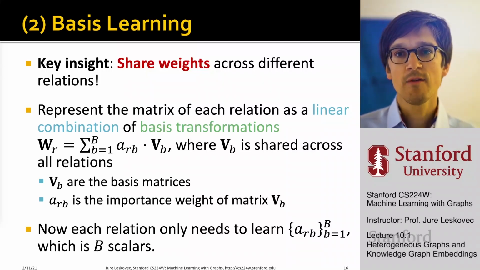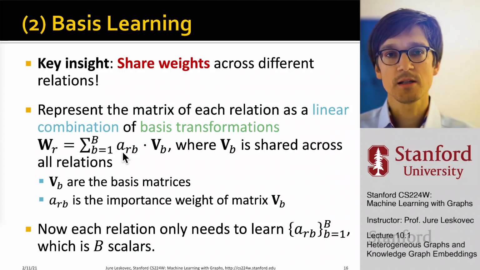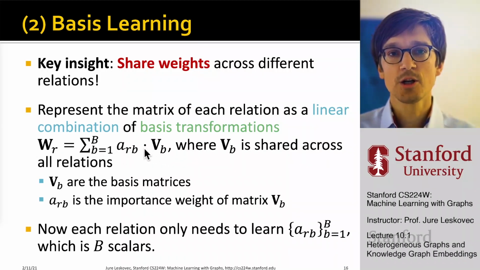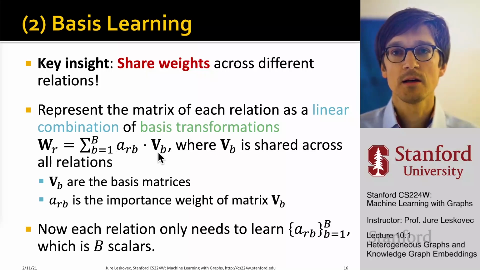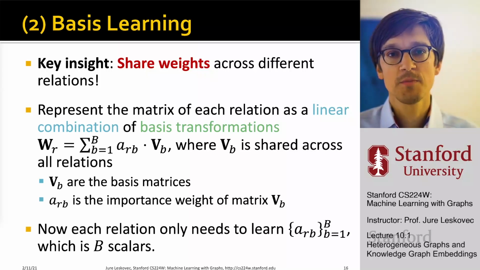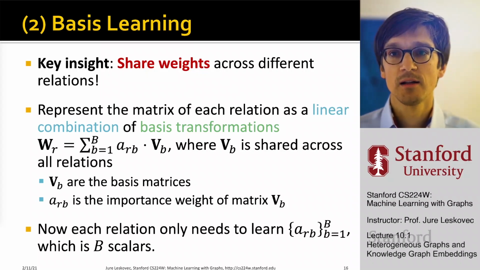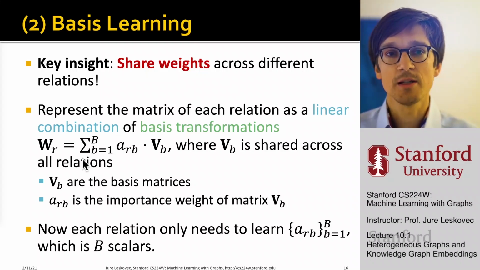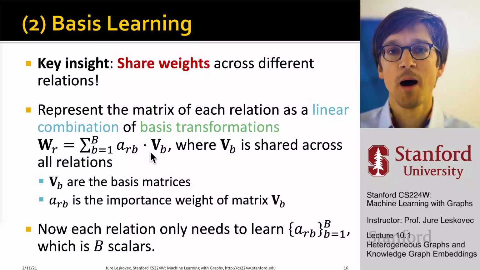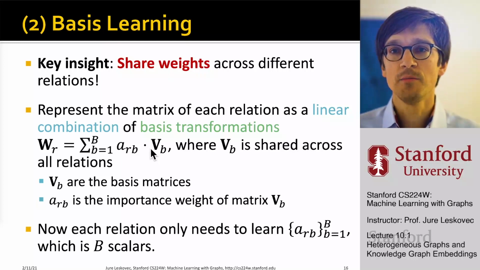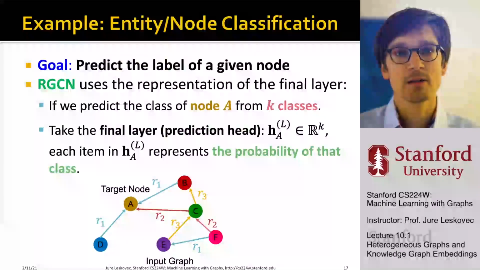And that's an elegant way to reduce the number of parameters, because B can be relatively small, let's say 10 or 100, but maybe you still have 1,000 different relation types. You represent each of the 1,000 relations as a linear combination from your dictionary of 10 weight matrices. That's a very elegant way to reduce the number of parameters.